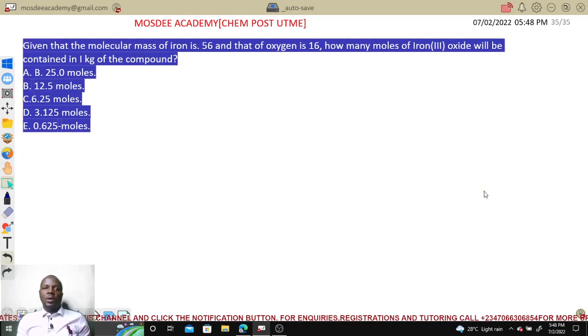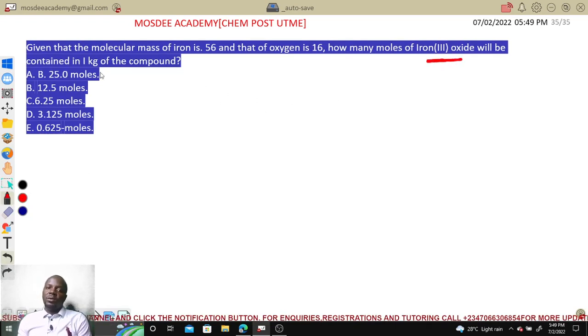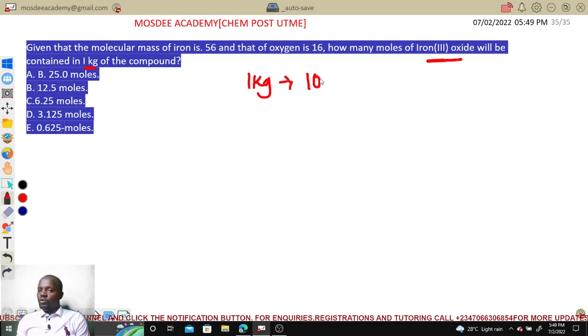Now, given that the molecular mass of iron is 56 and that of oxygen is 16, how many moles of iron 3 oxide will be contained in 1 kilogram of this? So just convert 1 kilogram to gram, because in mole concept we use mass in gram. So 1000 grams.